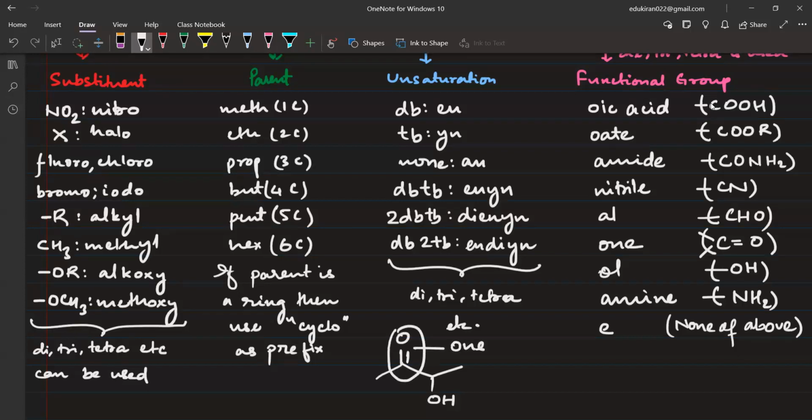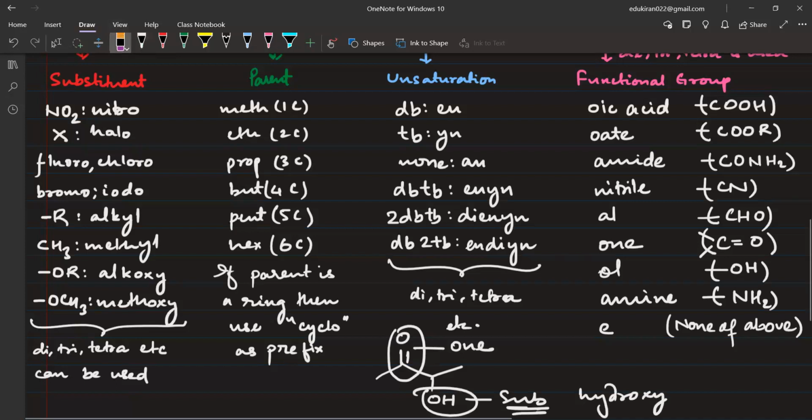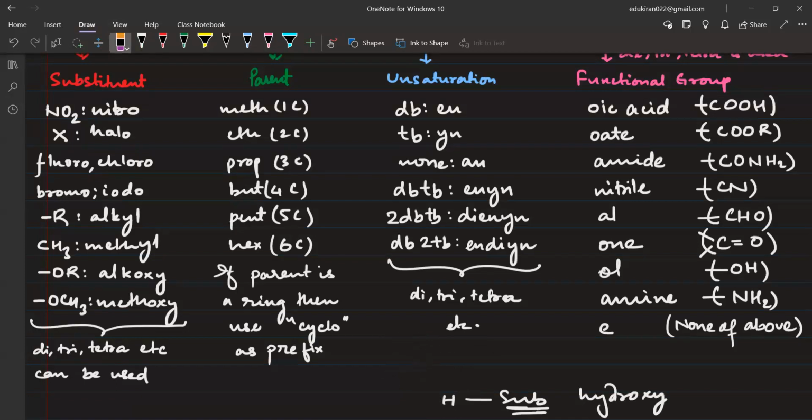ON. Now OH will act as a substituent. Now when OH acts as a substituent, it will be named as hydroxy. ठीक है. तो ये सारी चीजें धीरे धीरे आपको समझ में आ जाएंगी. I hope you know all of these things also from 11th standard कम से कम.